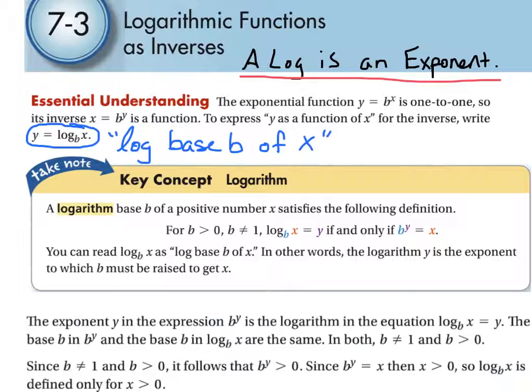So we're going to go through and write our logarithmic functions in exponential form and in logarithmic form. Okay? To do that, we need to know this little translation, that little rule. It says log base b of x equals y if and only if b to the y power equals x.